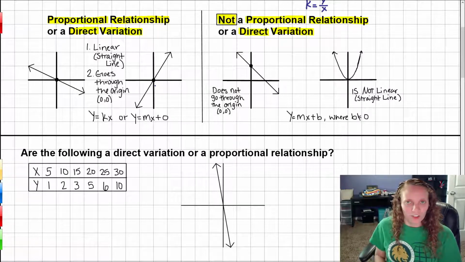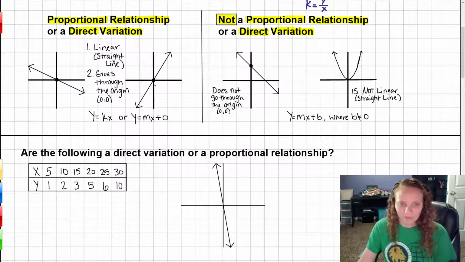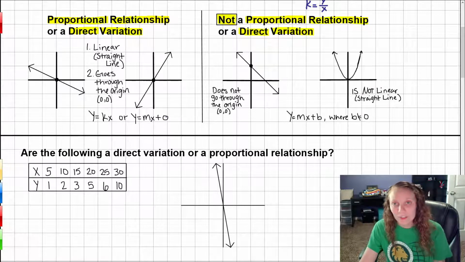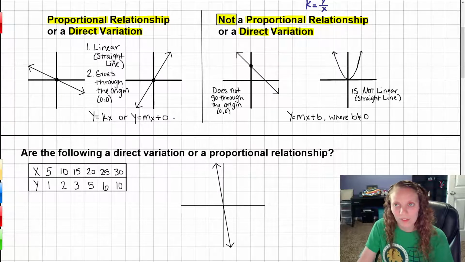It doesn't matter if it's a positive or a negative slope. All that matters is that it's linear and it goes through the origin. Here's what the equations could look like. y equals kx, which we saw in the definition above, or y equals mx plus 0. The y-intercept has to be 0.